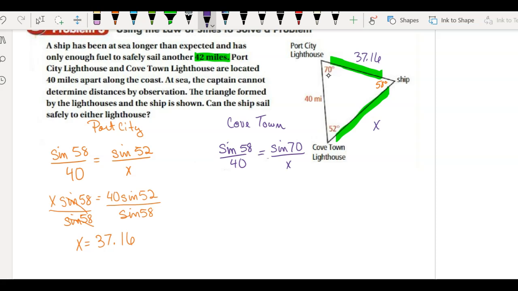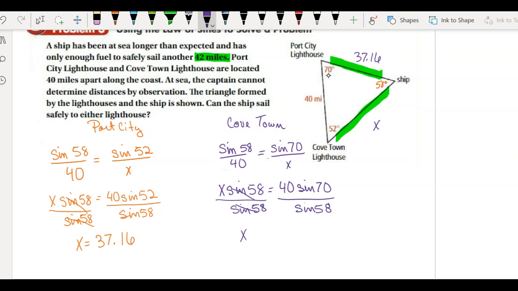I'm going to cross multiply again. So I'm going to have x sine of 58 is equal to 40 times the sine of 70. I'm going to divide by the sine of 58 to get x by itself. And what I do to one side, I have to do to the other. Even though my numbers look weird, they're still just numbers.